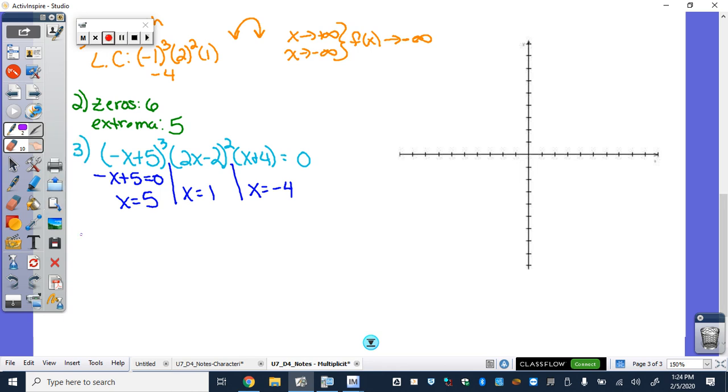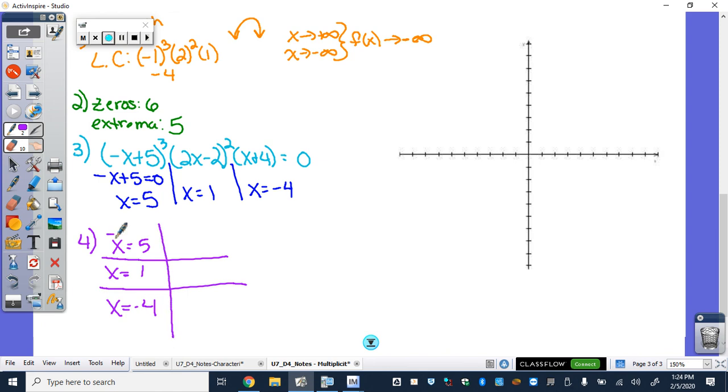So that takes part in the multiplicity section. So again, multiplicity comes next. I'm going to make my little table. Because this factored form had an exponent of 3, that means x equals 5 has a multiplicity of 3.